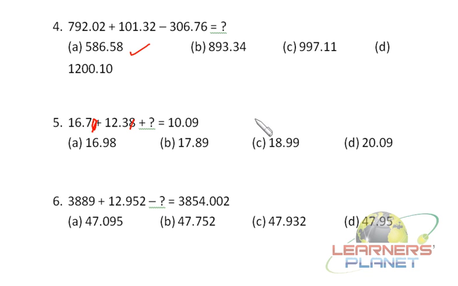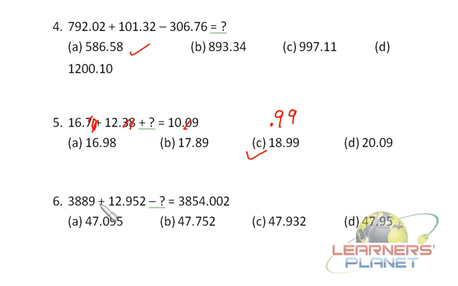So 10 minus 1, it's 9. Okay, I have a negative 1 with me. Now 7 minus 1, 6. 6 plus 3, 9. 9 minus 0, 9. So now put a decimal over here. After decimal, 2 nines are there. So I am having this as the correct option. That is 18.99. No need to calculate further.